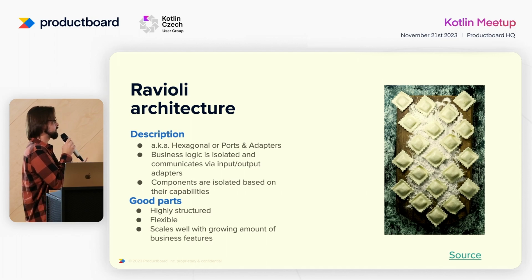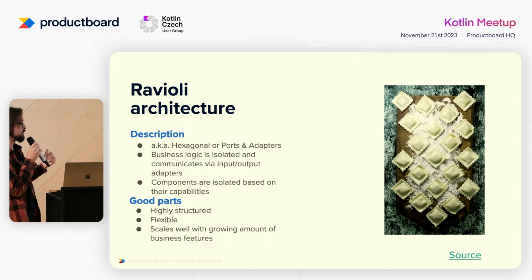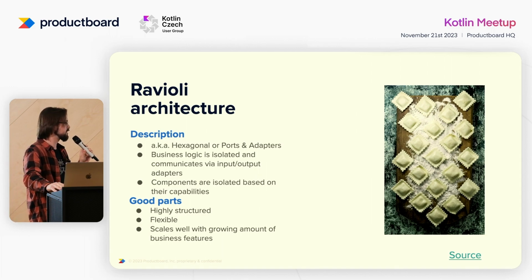And the components are isolated based on their capabilities. So good parts, it's highly structured and flexible, and it scales very well with a growing amount of business features. I would say it's the most scalable, but at the same time, it's very heavy to develop and maintain in terms of the amount of code you will have to write.